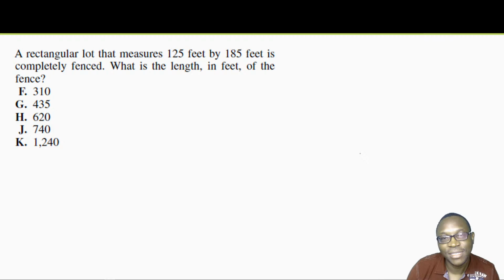I always like to start simple. We'll start with something here, and this is going to test your understanding of area and perimeter. We're going to see how you answer this question.